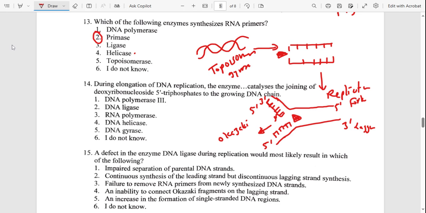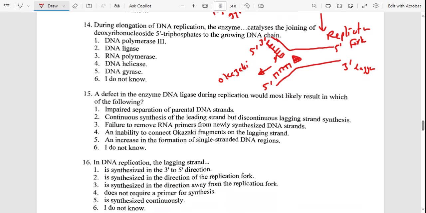Very good. Number 14 is saying, during elongation of DNA replication, the enzyme dash catalyzes the joining of ribonucleoside 5' triphosphate to the growing DNA chain. Now, I've already mentioned this. DNA polymerase is the one that catalyzes the formation of these DNA strands.